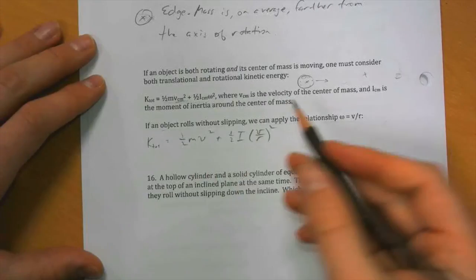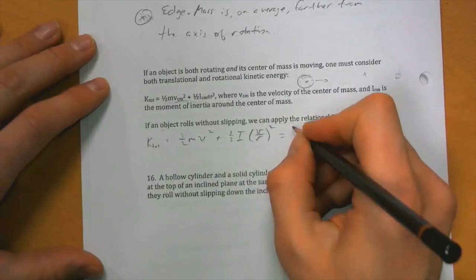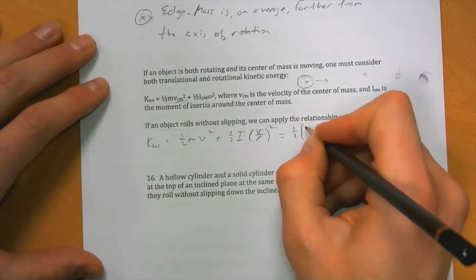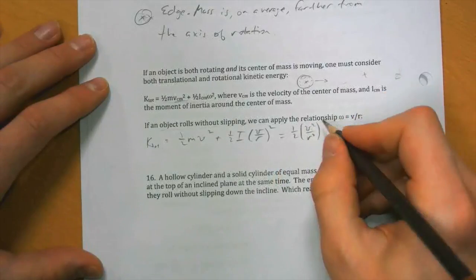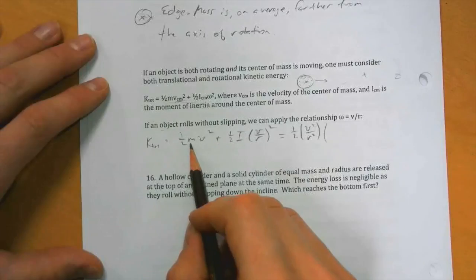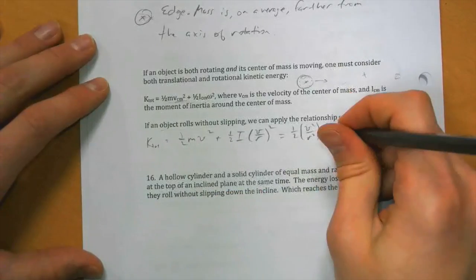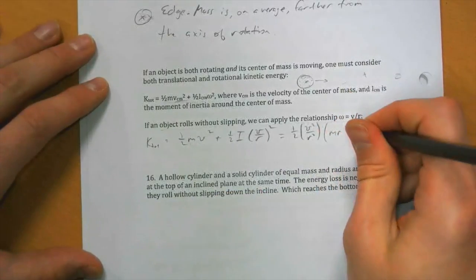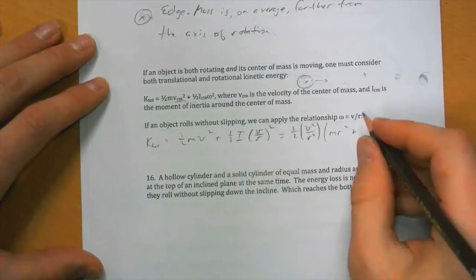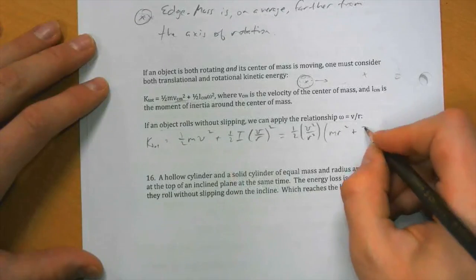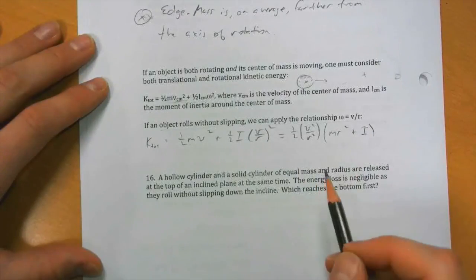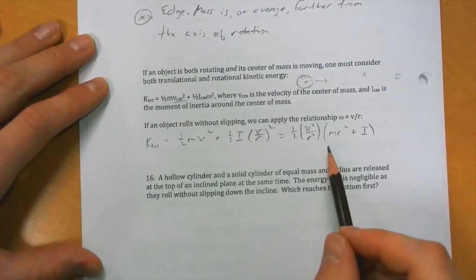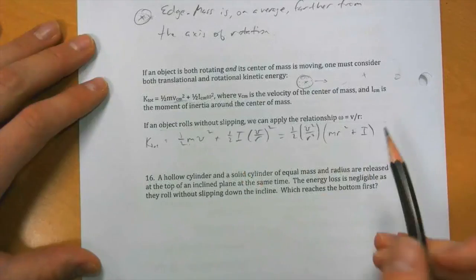The typical way to factor this is 1/2 times v squared over r squared, and then what's left? Well, r squared leaves us with mr squared plus I.